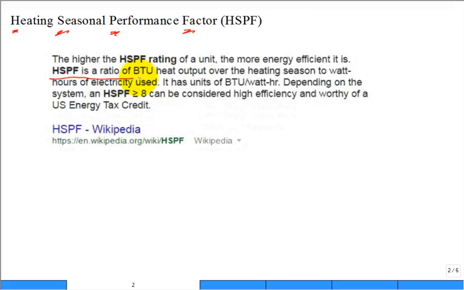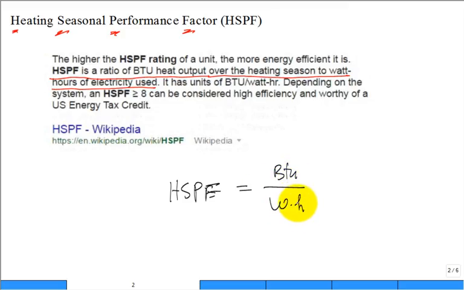It's the ratio of BTUs of heat output over the heating season to watt hours of electricity used. So take a look at the units on that. You have HSPF equal to the BTUs of heat output divided by watt hour. Depending on the system, this factor can be 8 or greater. And the higher the number, the better it is for efficiency.